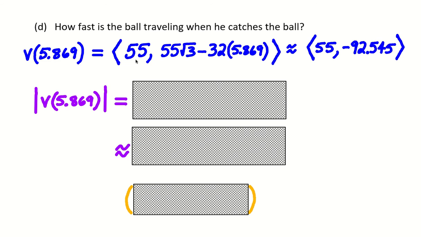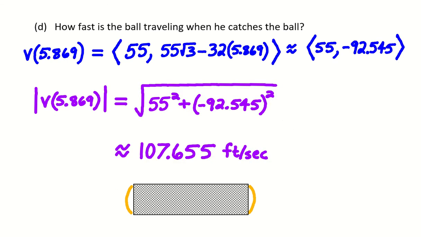that t value, this would be the velocity vector at that time. So here's the velocity vector, but this also includes the direction that it's going at that particular split second. They just want how fast, which is the speed. So this is what we have to do: take the absolute value, the magnitude, of the velocity vector that we get here, and that's just going to involve the good old Pythagorean theorem.